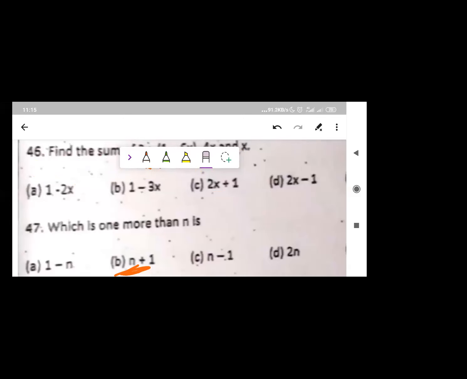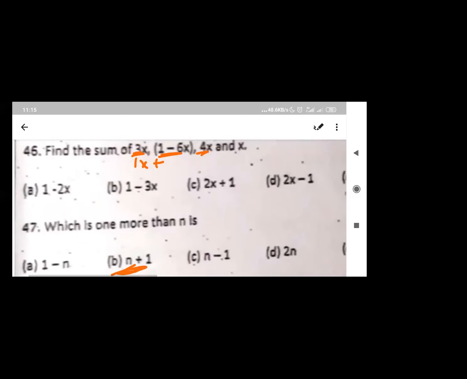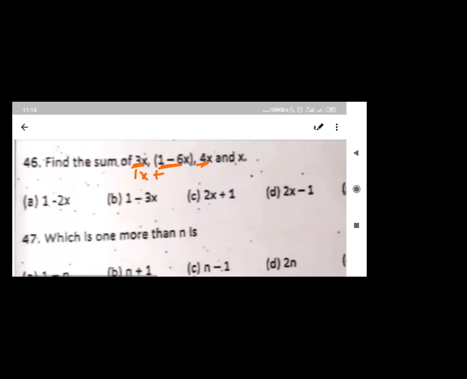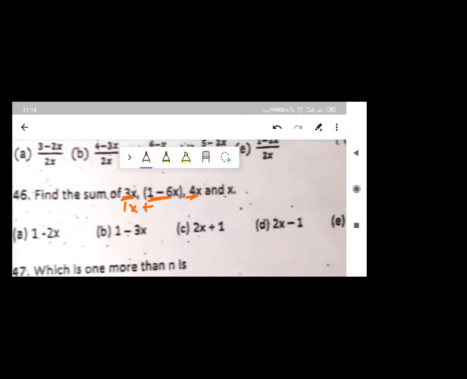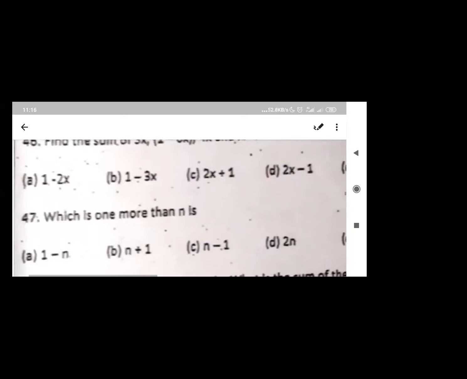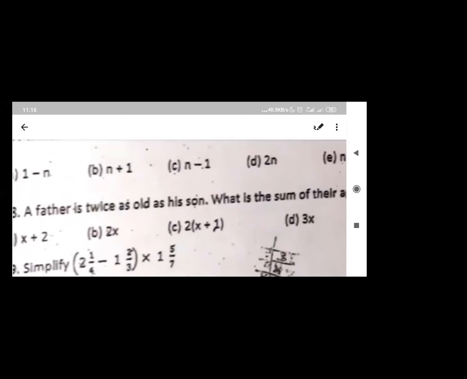Then let's move on. In the next question, sorry, let me clean this one first. In the next question, it said a father is twice as old as his son.